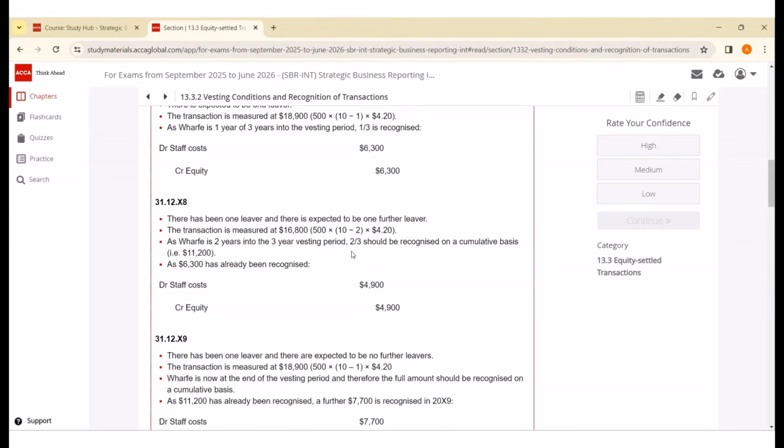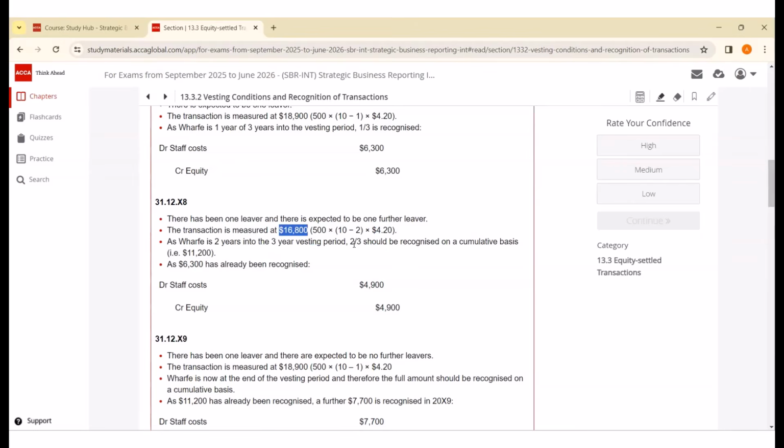It is as per our estimate that 8 people are going to get the benefit of these share options. We multiply this with the number of share options per person multiplied by the fair value of option at the grant date. This gives us the accumulated expense for 3 years, which comes out to be 16,800.